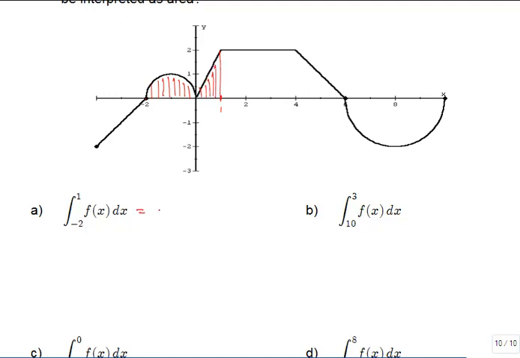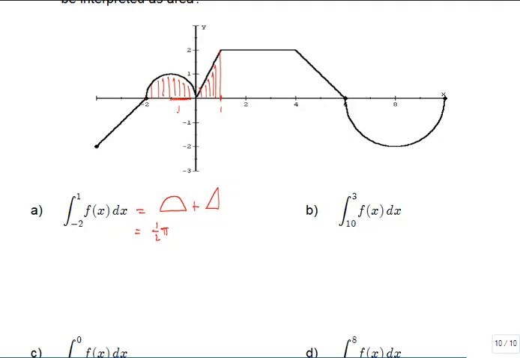So that's just a semicircle plus a triangle. So if we can find the area of those two shapes using our geometric formulas, then we'll know what this integral happens to represent. So area of a semicircle is 1/2 pi r squared. Now what's the radius of this semicircle?